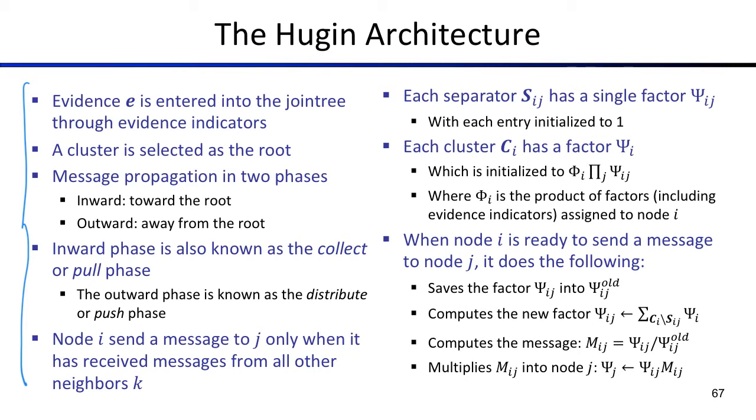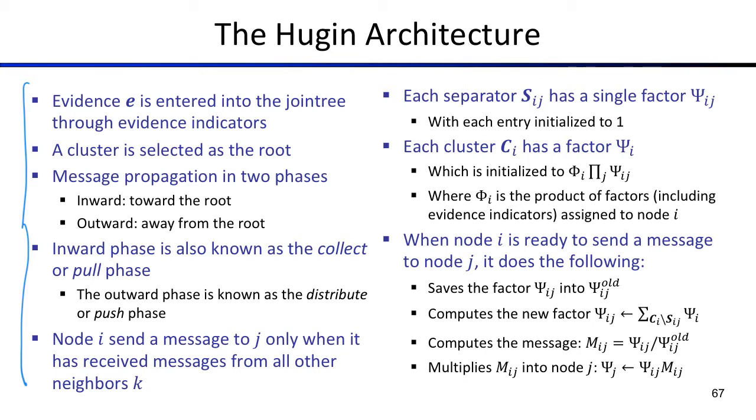But we can also speed up things a little bit using this technique, but we need to be a little bit careful. So what's going on is that in the clusters we'll have the factors, the evidence indicators, everything multiplied, and also the messages.